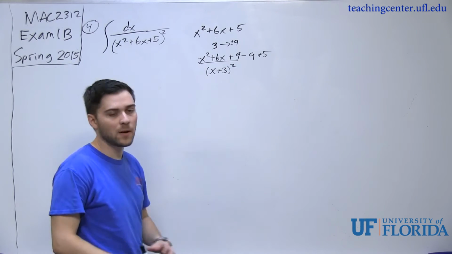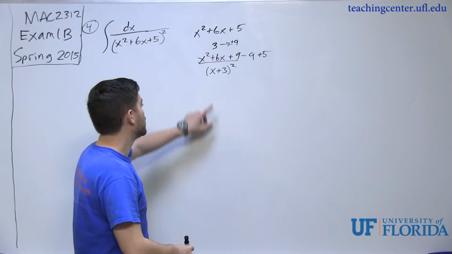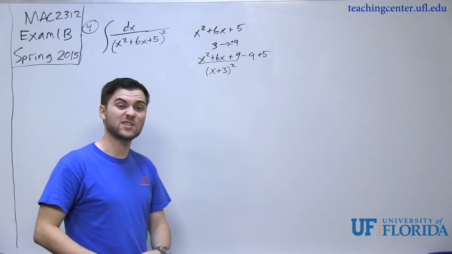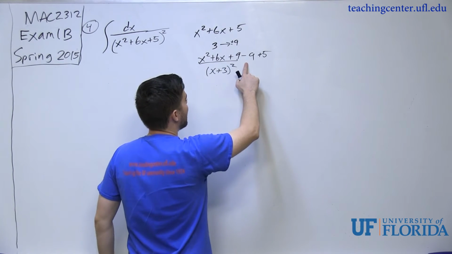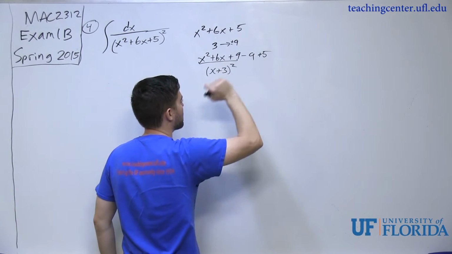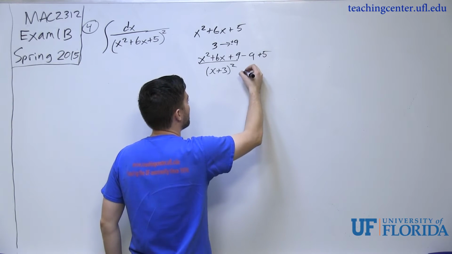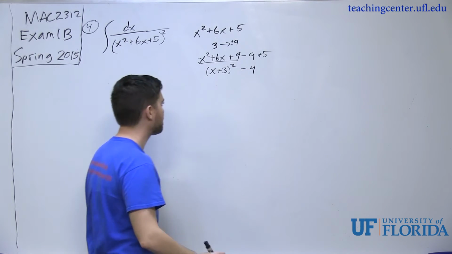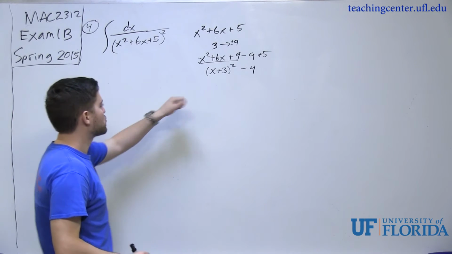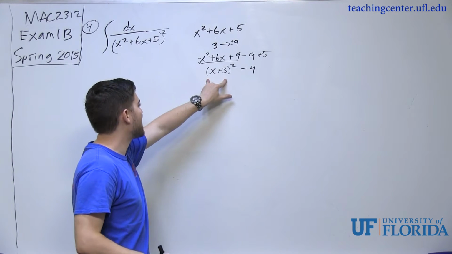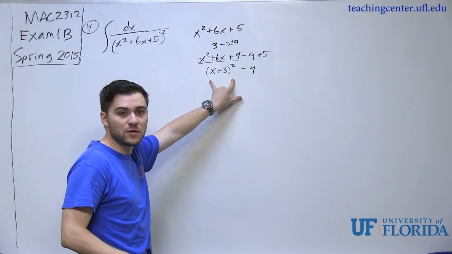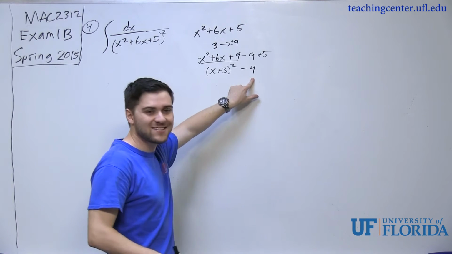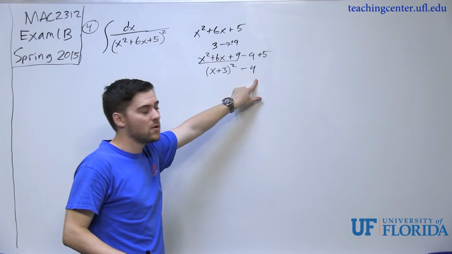You can check my work by factoring that back out, and you should get x squared plus 6x plus 9. After that, I'm left with a minus 9 plus 5, so I end up with a minus 4.